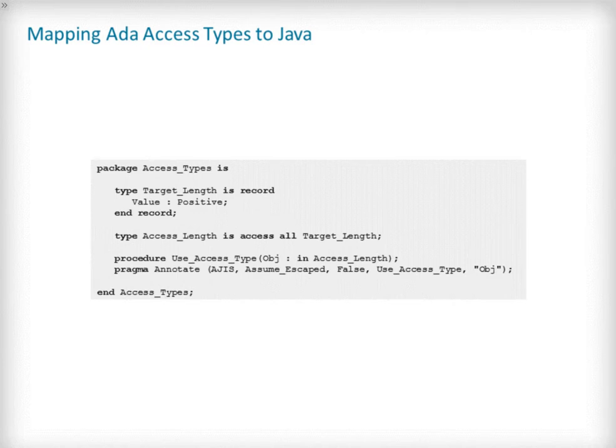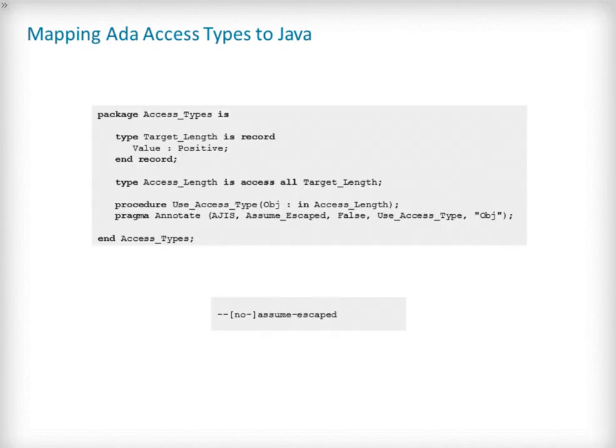There may be situations where this is harmless, and so Ada to Java supports the assume escaped identifier for pragma annotate. This will ensure the exception is not raised and shifts the responsibility onto the programmer to ensure the dangling references cannot occur. During development, it may be sensible to not use the assume escaped identifier, to catch any dangling references.